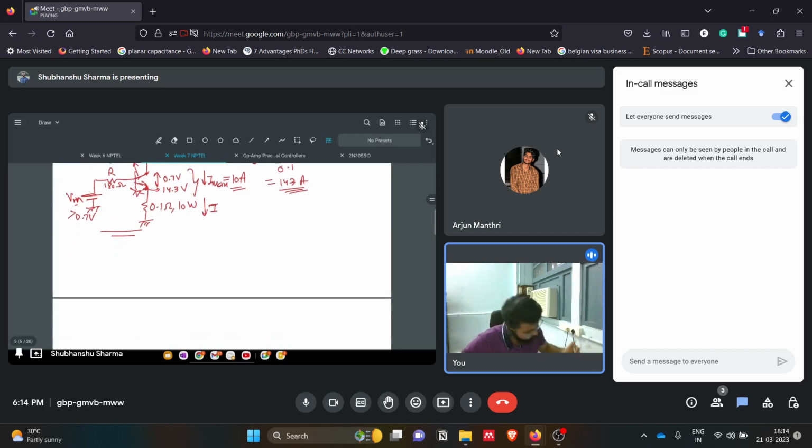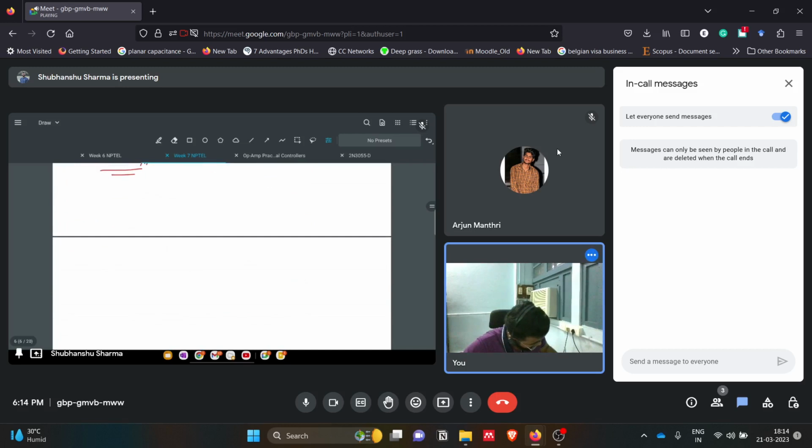So what we did, we used an op-amp and gave the supply to V in, and we basically realized a voltage follower using an op-amp, which can maintain a voltage at its output, or we can say at the emitter junction of the transistor.